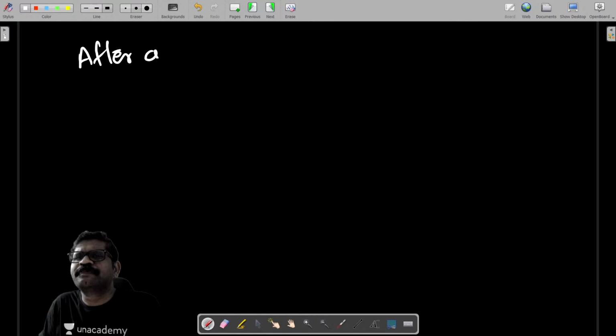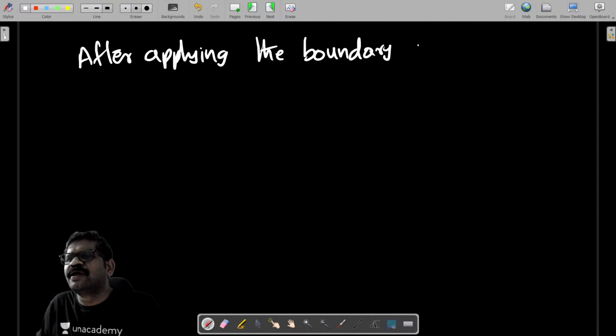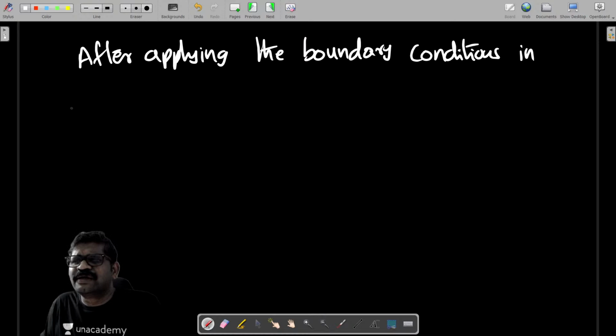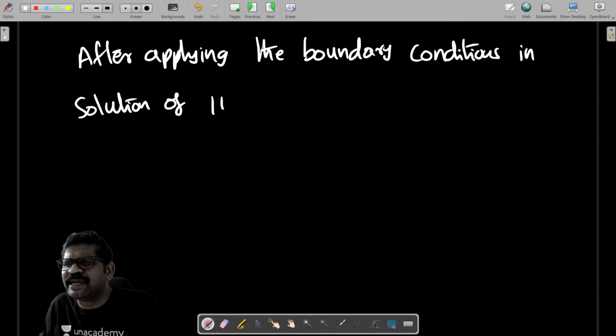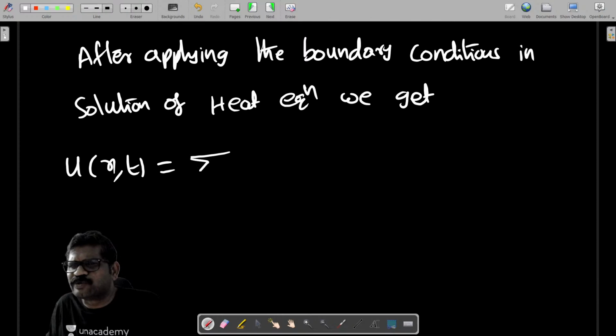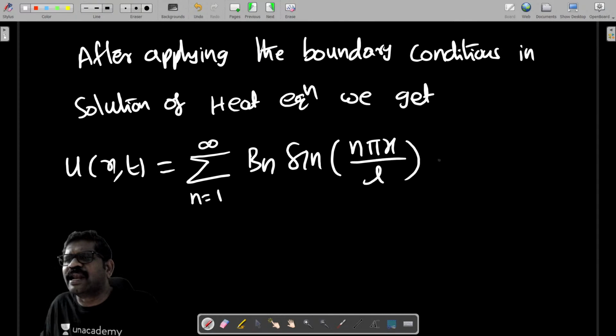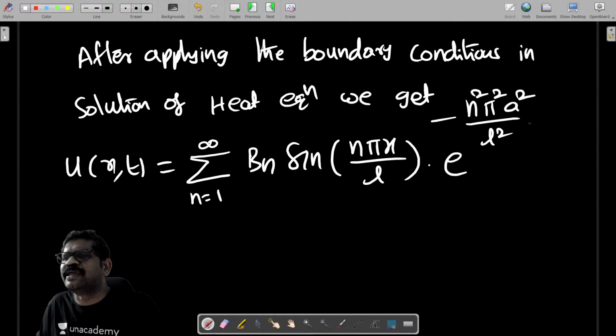After applying the boundary conditions in solution of heat equation, we get u of x comma t equal to, first I am writing general solution, u of x comma t equal to sigma n equal to 1 to infinite bn into sin n pi x by L e power minus n square pi square a square by L square into t.